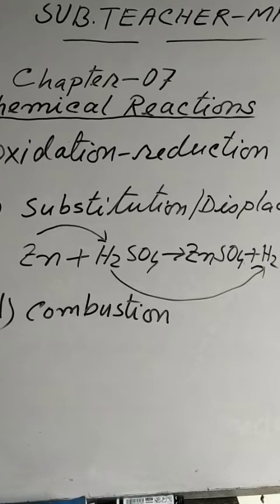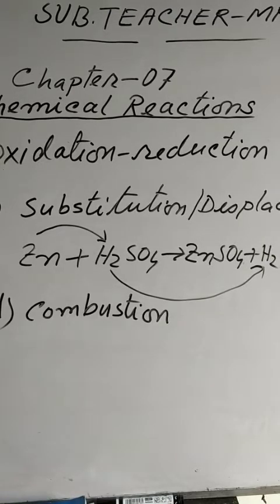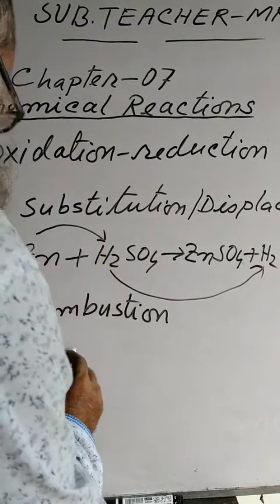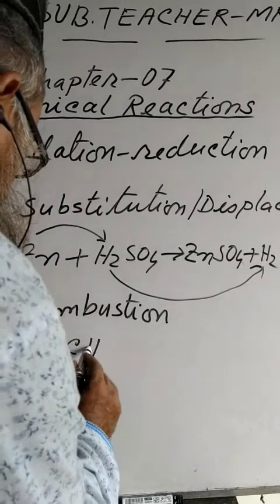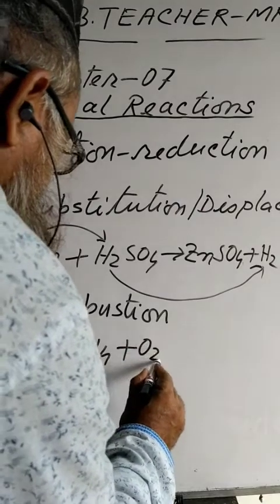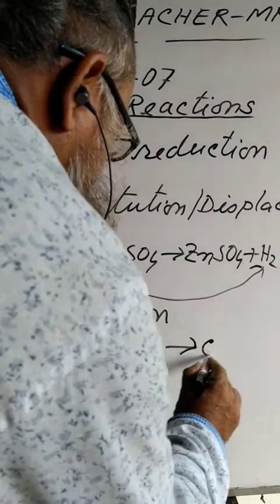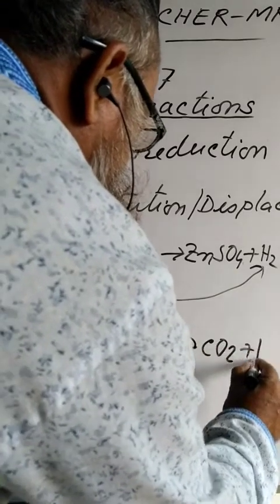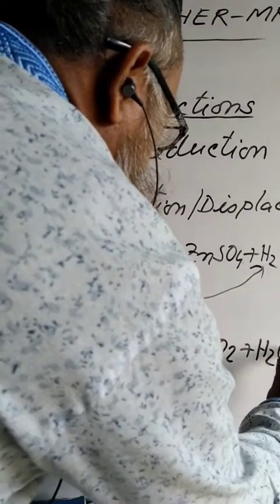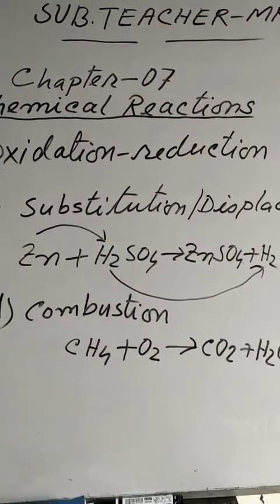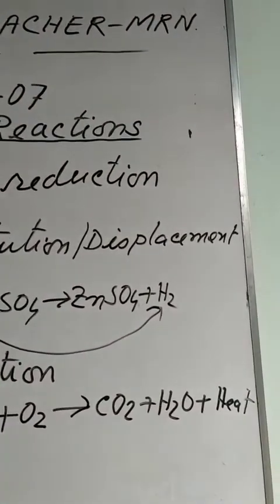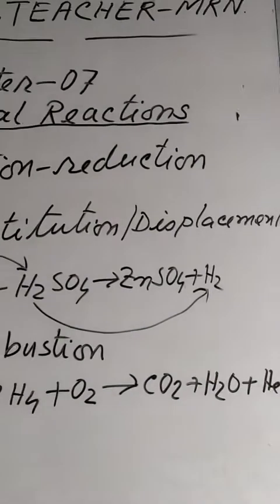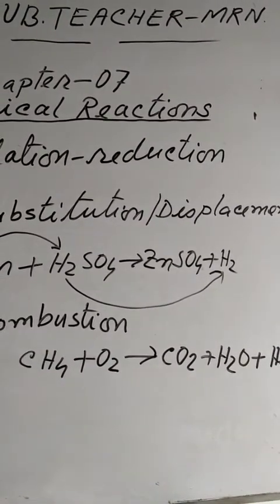For example, when methane gas, that is natural gas, is burned in the presence of atmospheric oxygen, it produces carbon dioxide and water plus a huge amount of heat. This reaction is called a combustion reaction.